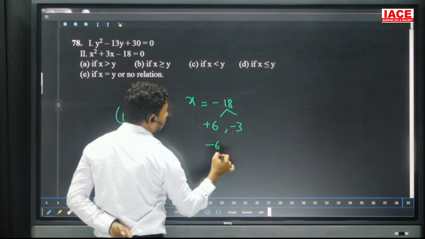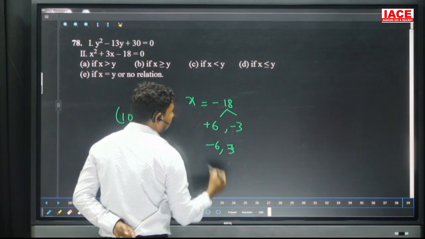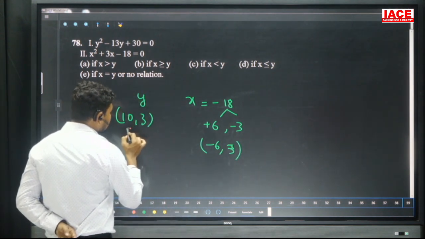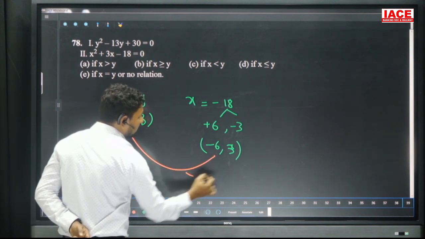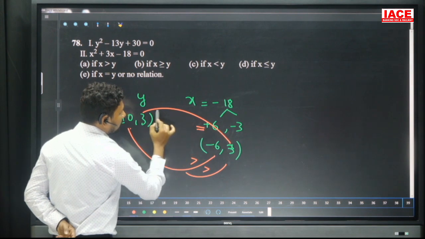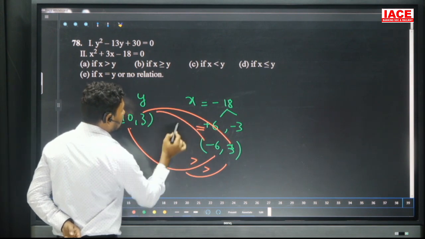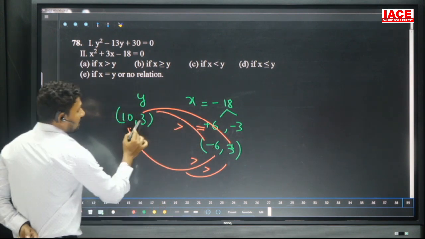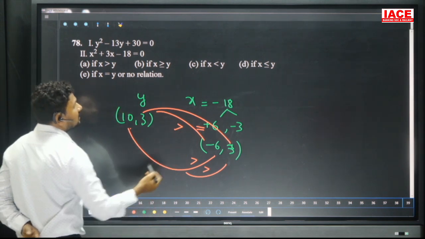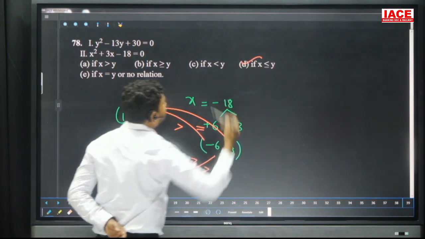Then final factors are minus 6 comma 3. Minus 6 comma 3, and we have to compare it. Then look here, comparing 10: minus 6 and minus 3 both are smaller. 3 to 3 equal, and 3 to minus 6, here the 3 is bigger. Then y greater than or equal to x. Y greater than or equal to x, we can write x less than or equal to y. Option is what? D.